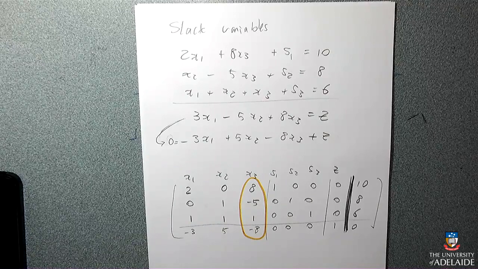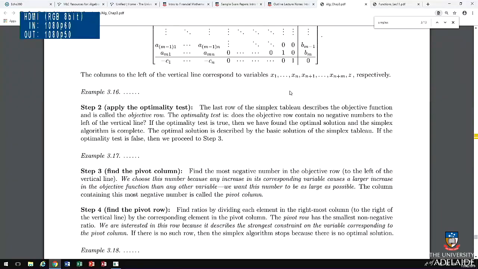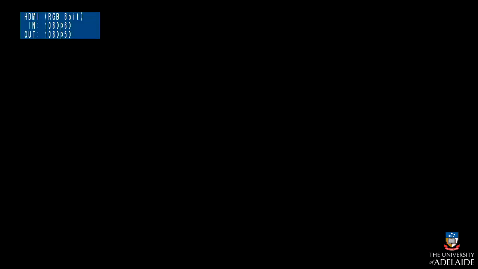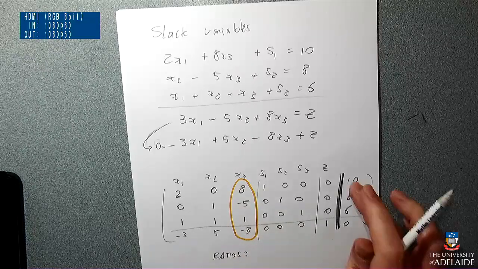The column containing it is called the pivot column. Find ratios by dividing each element in the rightmost column by the corresponding element in the pivot column. The pivot row has the smallest non-negative ratio. Okay. Oops, sorry. So my ratios are this divided by that.